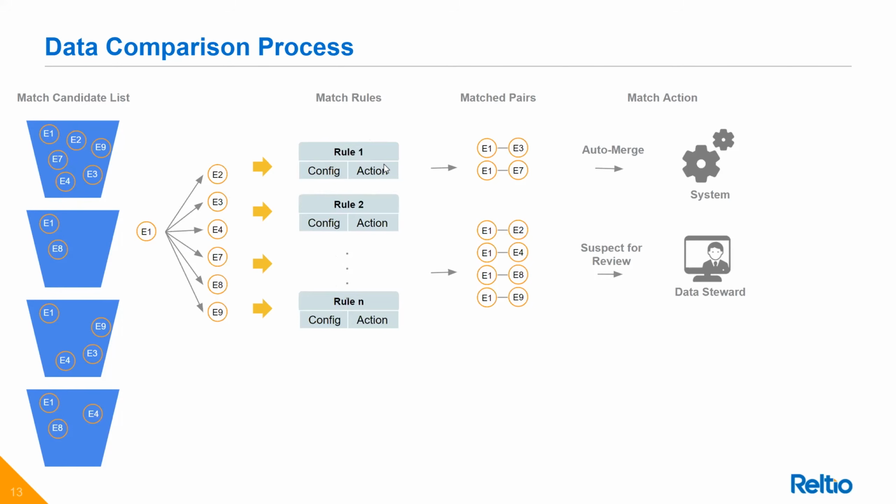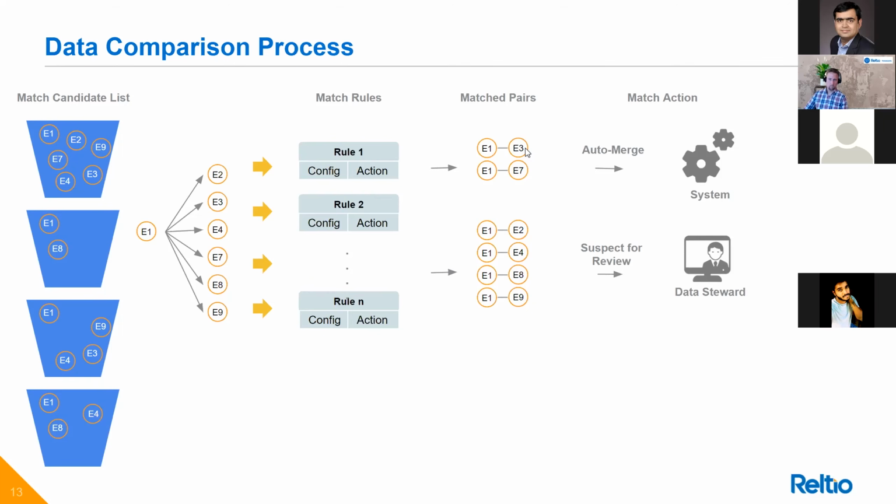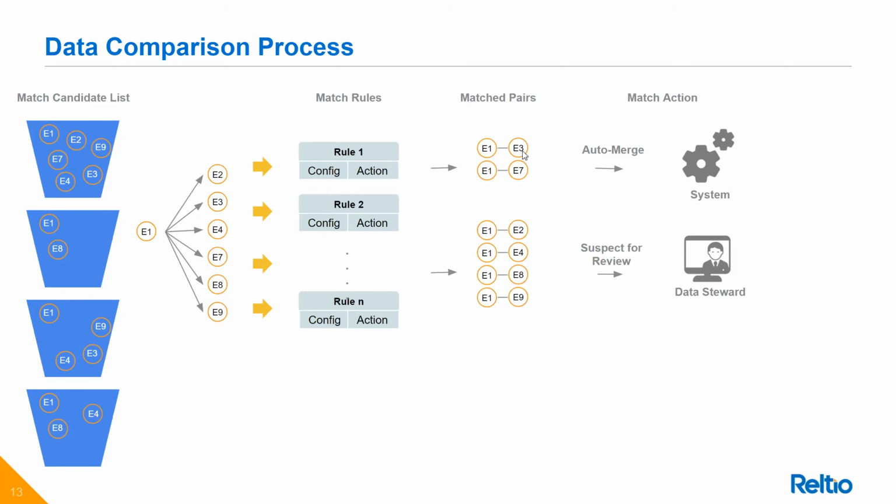If this rule evaluates this pair to be true, then whatever action we have configured for rule 1 will be triggered. So let's say E1 and E3 is found to be a match, and this rule 1 is marked as automatic, then this pair will be automatically merged. And if rule N, for example, is a suspect, and again E1 and E2, this time a different pair, is found to be true, then it will be submitted for data stewardship review. So this is how the overall matching works. This is an end-to-end process.